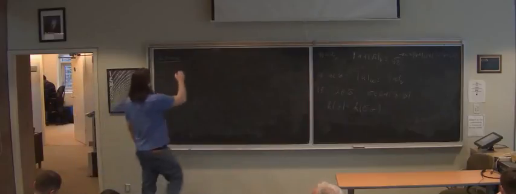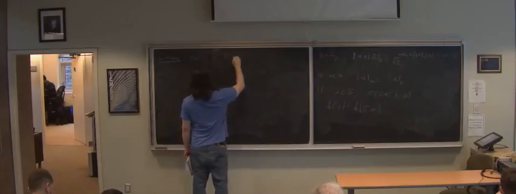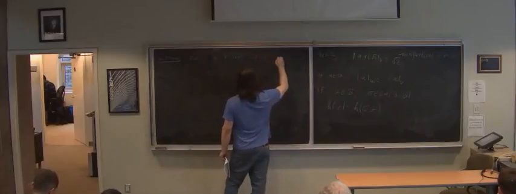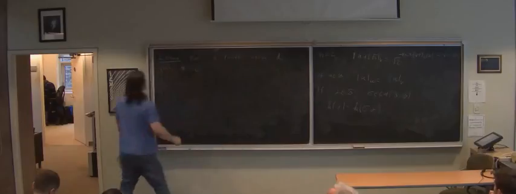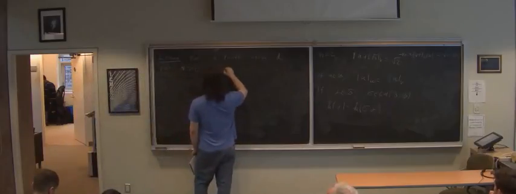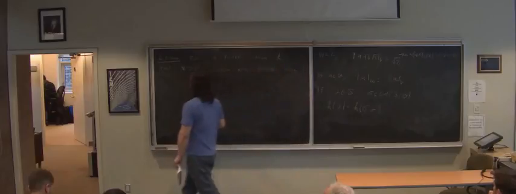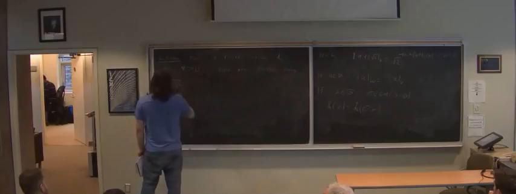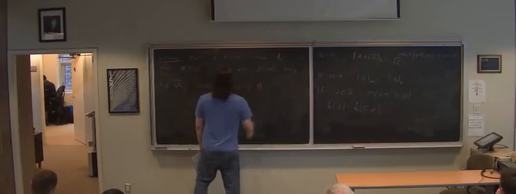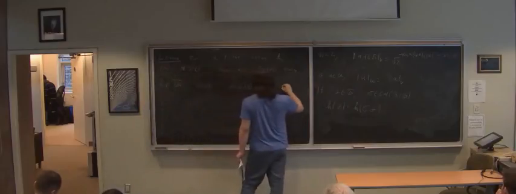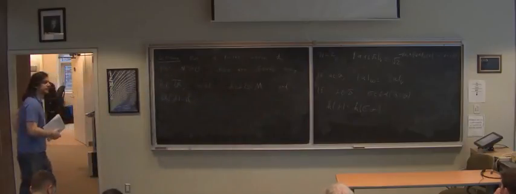So let's prove some basic finiteness lemmas. For a positive integer d, and a real number m greater than 0, there are finitely many algebraic numbers alpha in Q bar with height of alpha at most m and the degree of alpha equal to d.